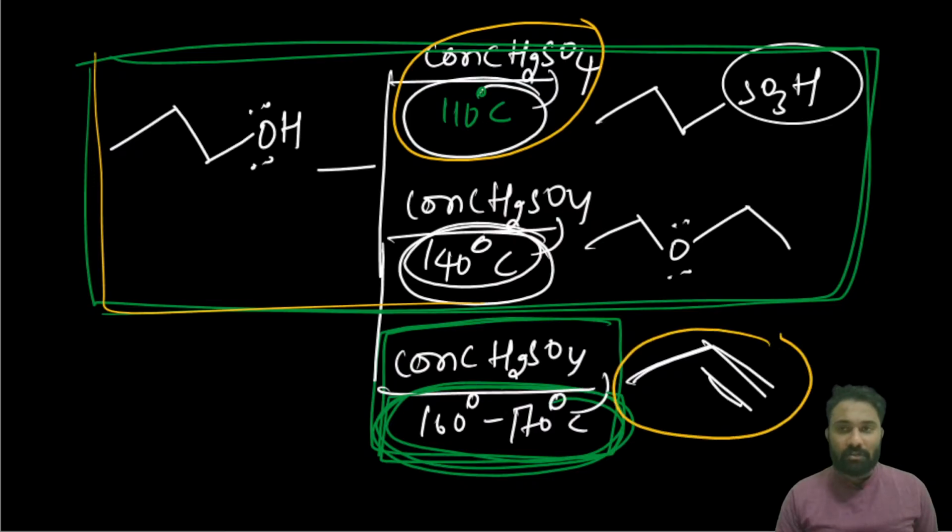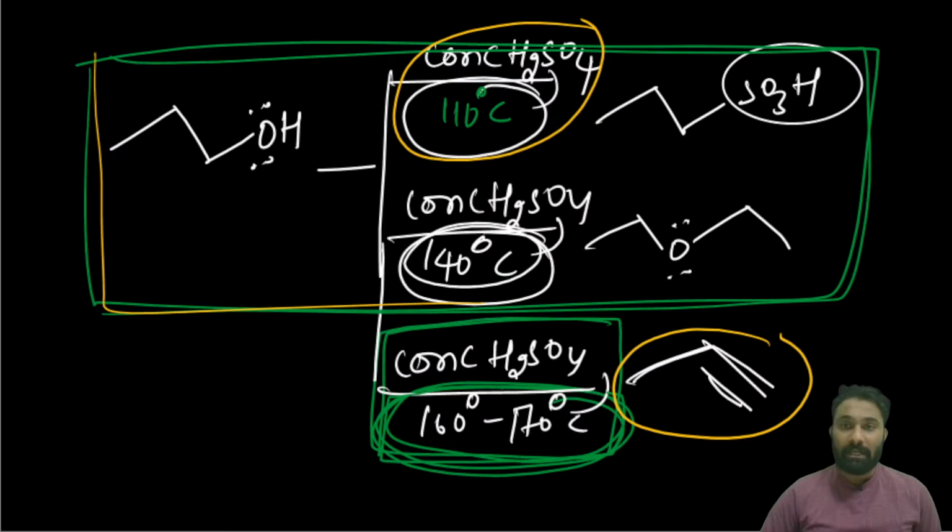And in this alkene formation, in the dehydration reaction, may I know what is the intermediate present in the dehydration reaction? Can anyone say? Concentrated H2SO4 at high temperature, around 170 degrees.